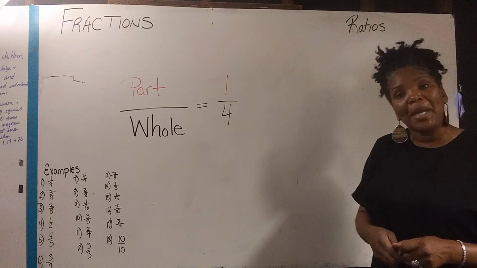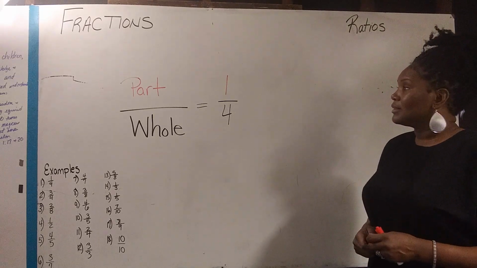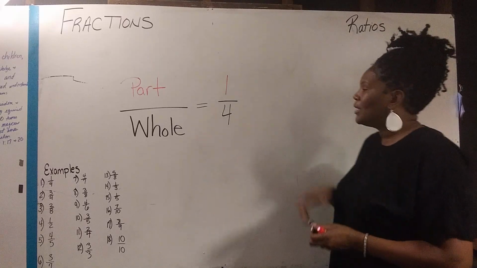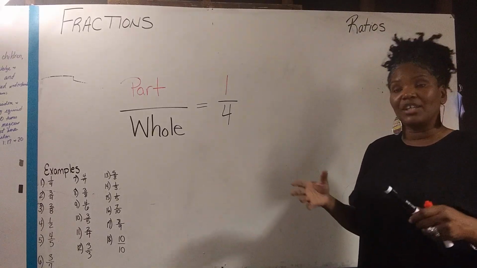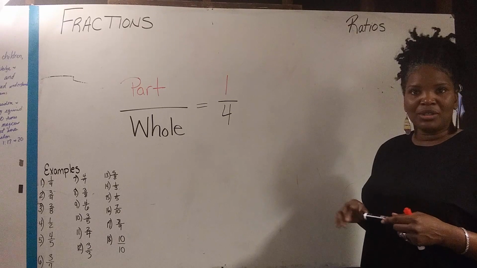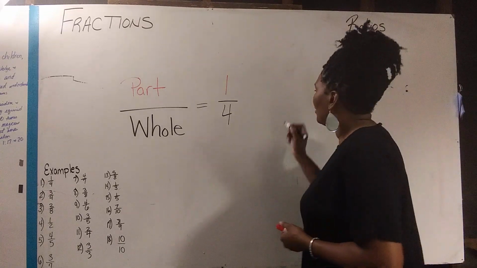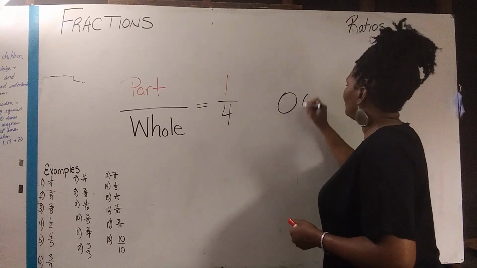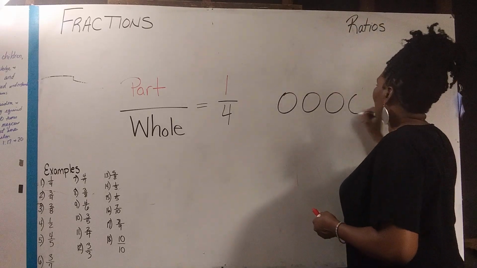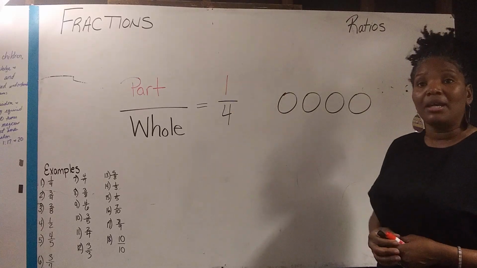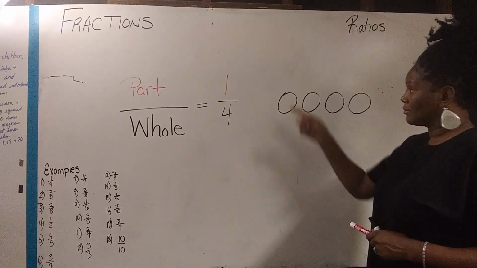Now, we're going to draw a picture. So, since we know our total number or our whole, we know that we're going to have 4 of something. Since Miss Wilson don't want to draw anything hard, we're just going to draw 4 circles. 1, 2, 3, 4. And now, the number in the red is going to tell me how many I'm supposed to color.